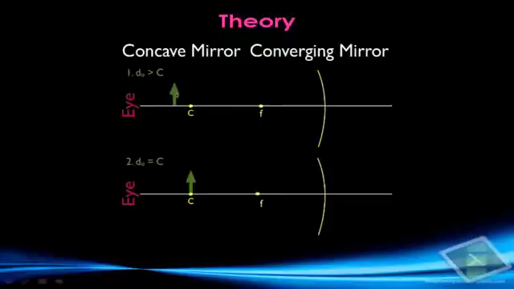For example, for the concave mirror, the first ray we draw, we draw from the tip of the object, and it always goes into the mirror parallel to the principal axis.